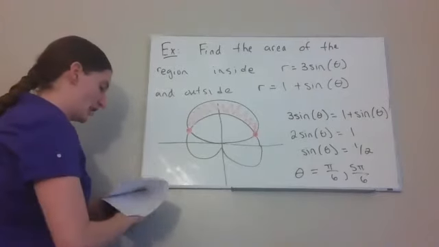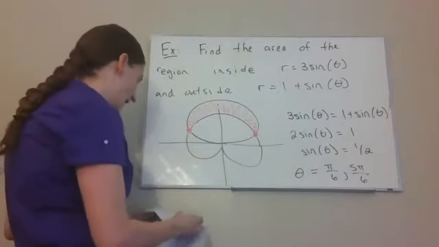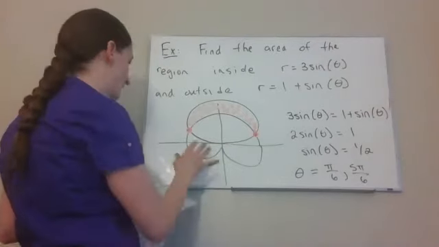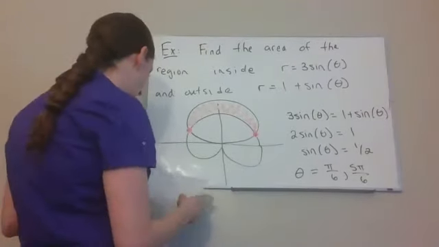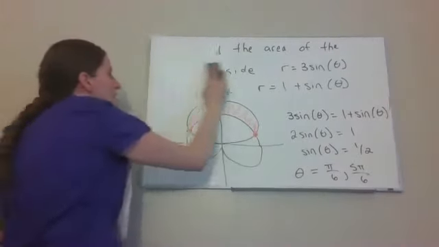So to find this shaded area, we're going to integrate between those two values. And the integrand inside of my integral is going to be the outside squared minus the inside squared, both of them multiplied by 1/2.